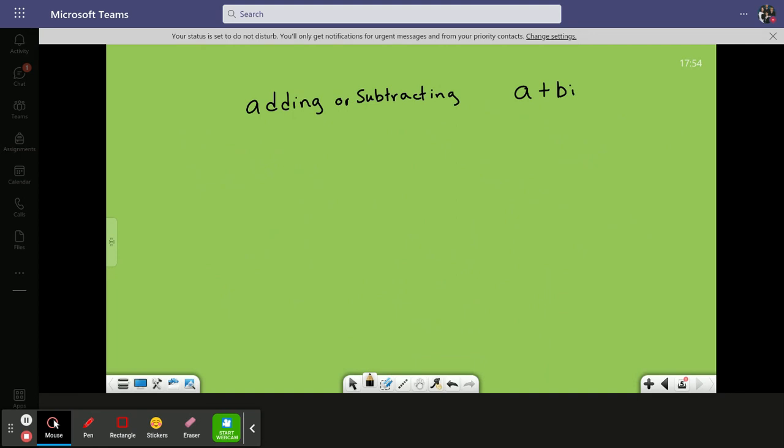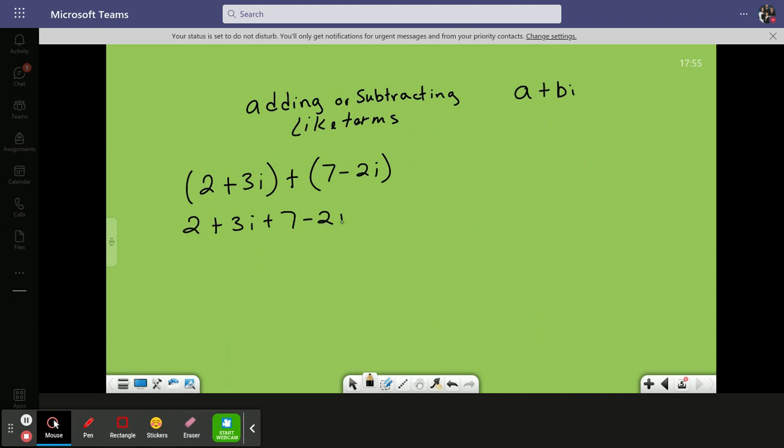But I am just going to treat it like any other variable and collect my like terms. So let's say that I have 2 plus 3i plus 7 minus 2i. In front of both parentheses, it's positive. So I can drop those parentheses and say 2 plus 3i plus 7 minus 2i.